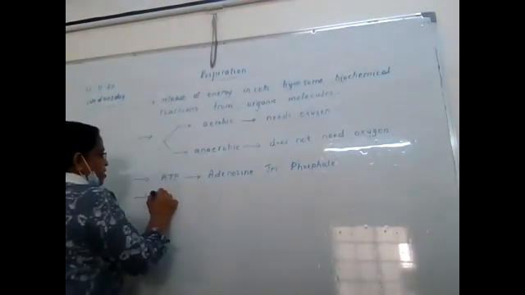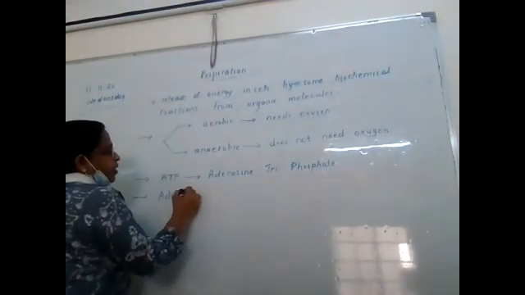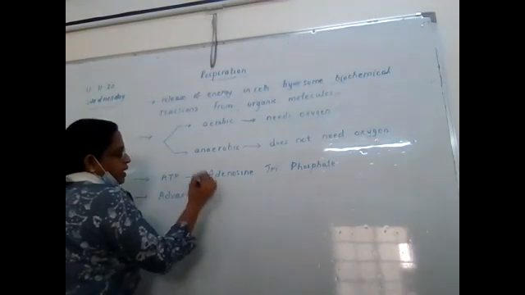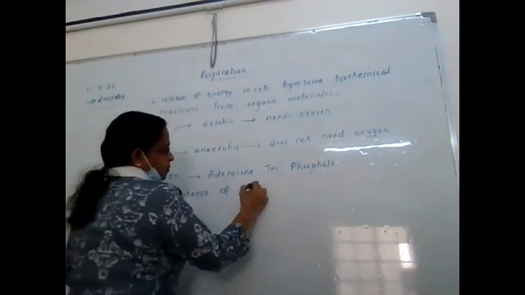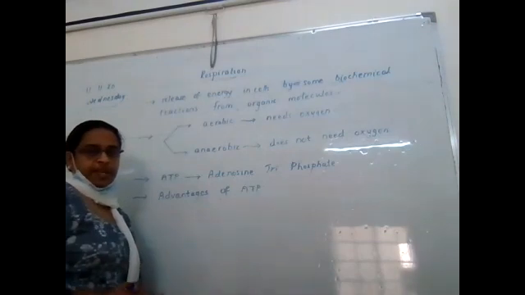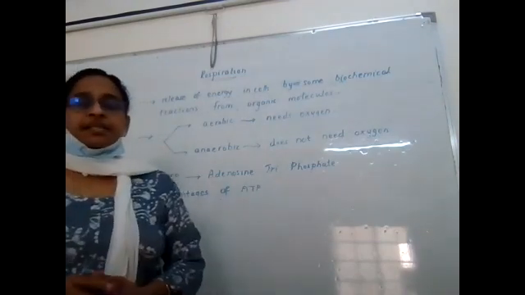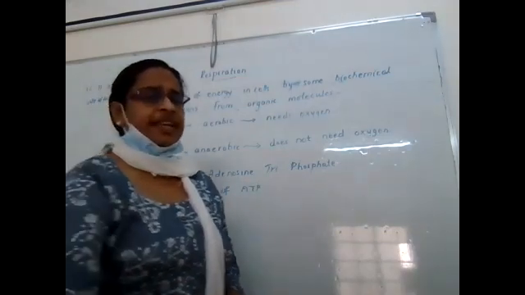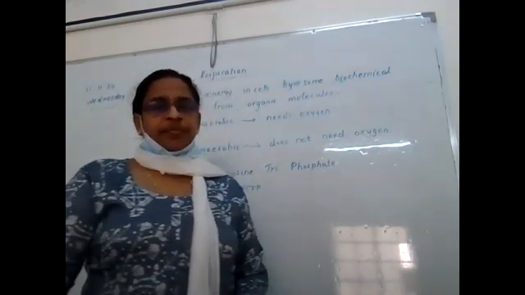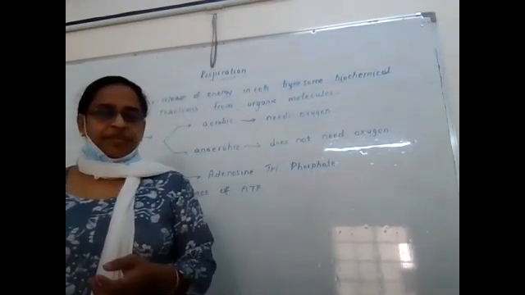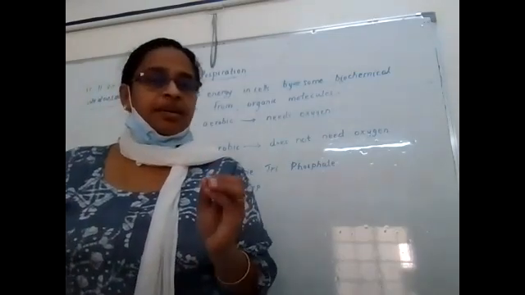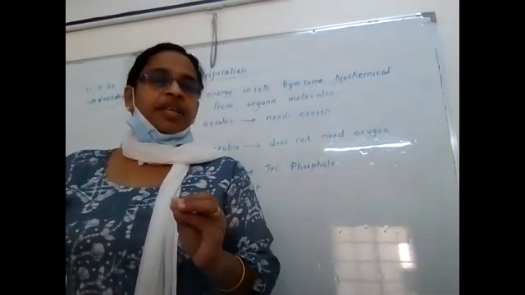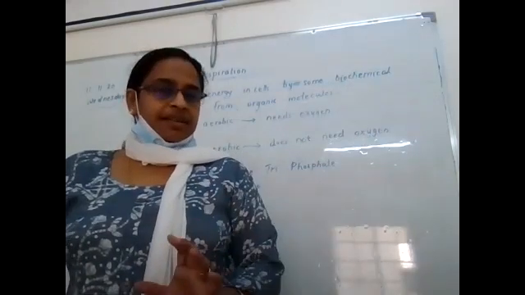It is known as universal energy currency. That also I will explain. Why is it termed universal energy currency? You know currency. Currency means money. What will you do with money? If you want to buy something, you will give money, is it?